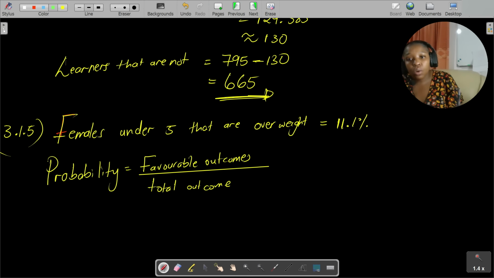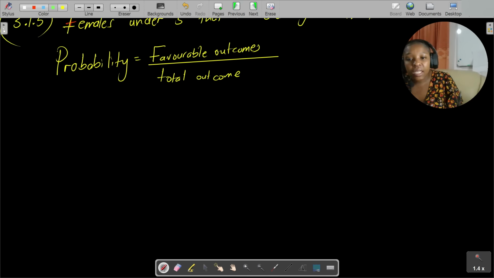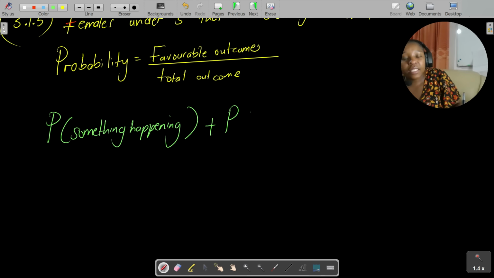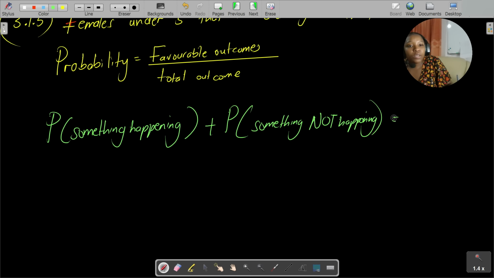How so? We can use this: the probability of something happening plus the probability of something not happening is equal to 1. What is meant by this?